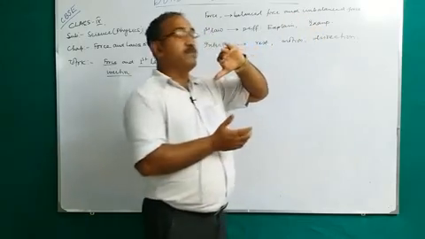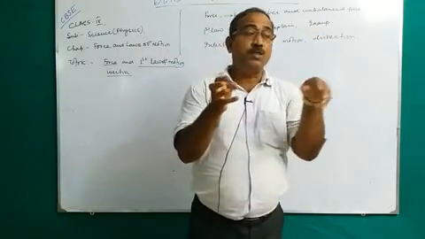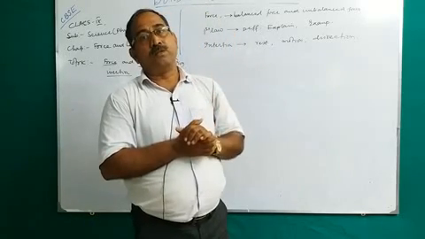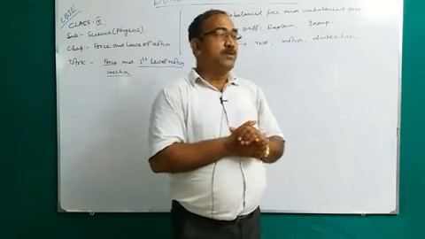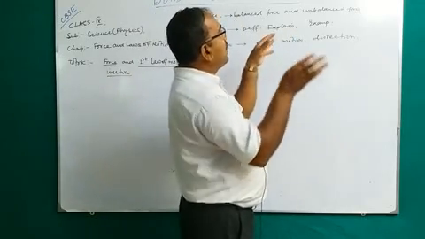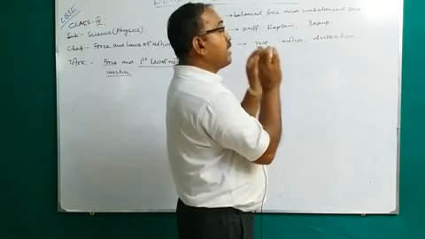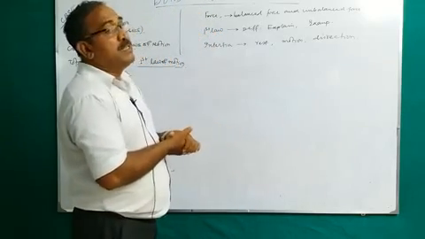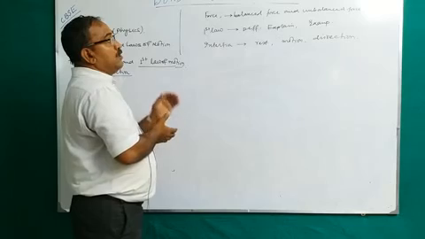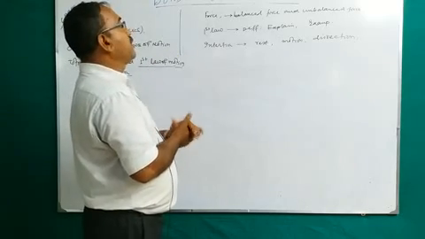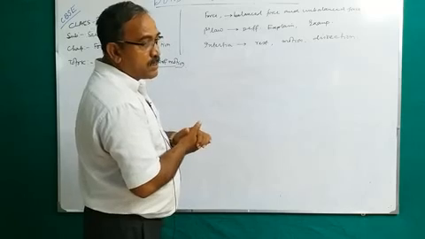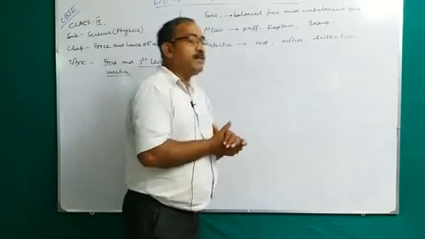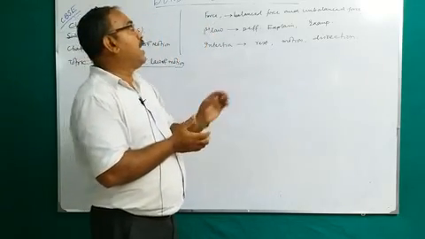Unbalanced force means the algebraic sum of all forces on an object will not be 0. If you add all the forces on that object and the algebraic sum is not 0, that time it is an unbalanced force. So from the definition of those physical quantities, you know the object is in accelerated motion when you apply an unbalanced force.